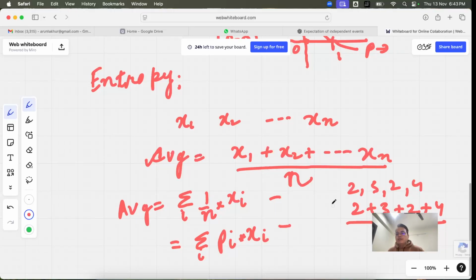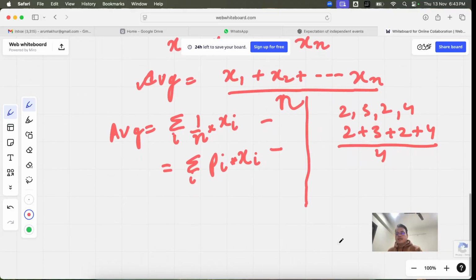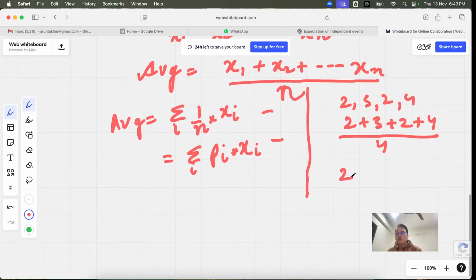Now I can say 2 upon 4 plus 3 upon 4 plus 2 upon 4 plus 4 upon 4. Again I can do some manipulations: 1 upon 4 multiplied by 2, plus 1 upon 4 multiplied by 3, plus 1 upon 4 multiplied by 2, plus 1 upon 4 multiplied by 4.